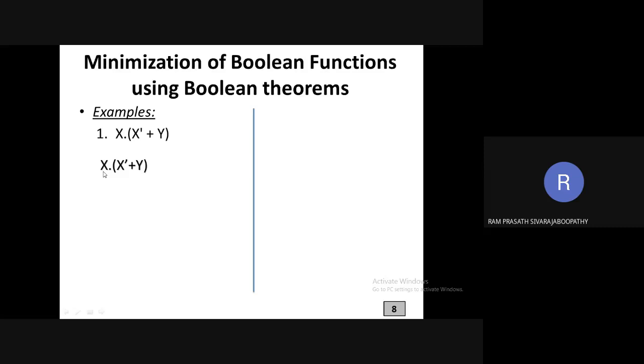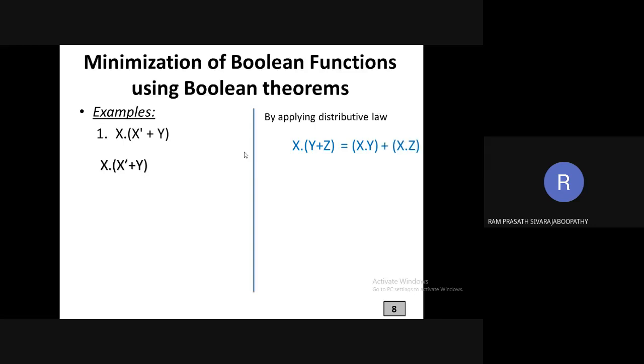Here, what we noticed is that when something like a dot b plus c comes, we have said what can be written: a dot b plus a dot c. Here you can see x dot y plus z. How can we write it? x dot y plus x dot z.